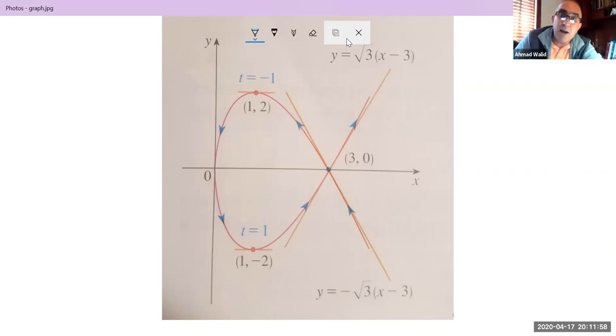You have two tangent lines that are crossing through (3, 0). And at the point (0, 0), I told you that you have a vertical tangent line. Look at the y-axis. It acts as a vertical tangent line for you. And if you connect all these points in your notebook, you will end up with this graph.